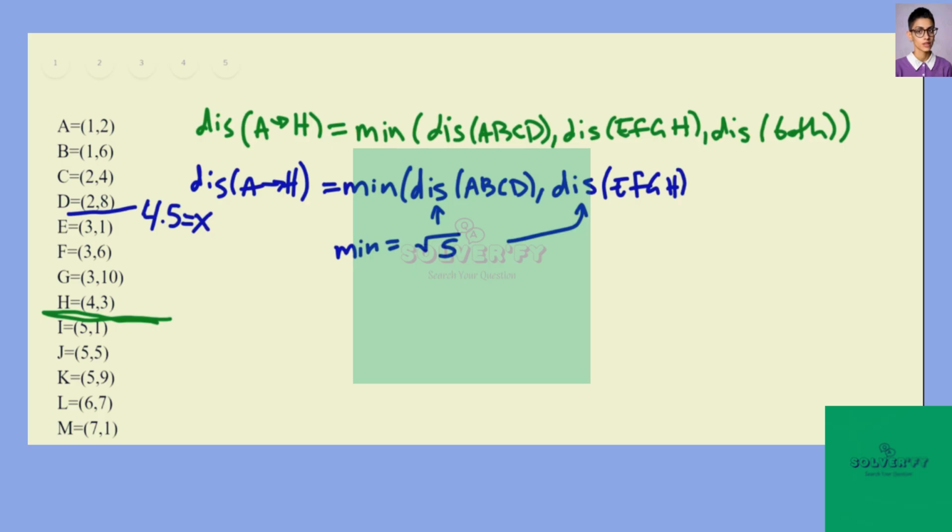So when we are choosing a point from both, what we want is for the x-coordinate to be equal to 4.5 plus or minus the square root of 5, and also that the y-coordinates have a distance of less than the square root of 5. So we're narrowing down elements that we're choosing here.